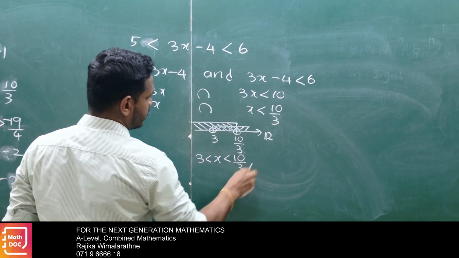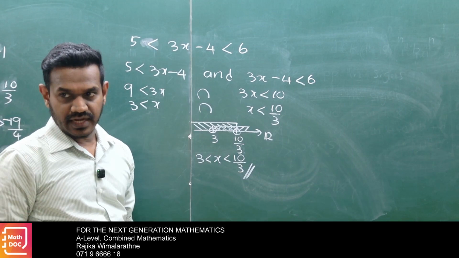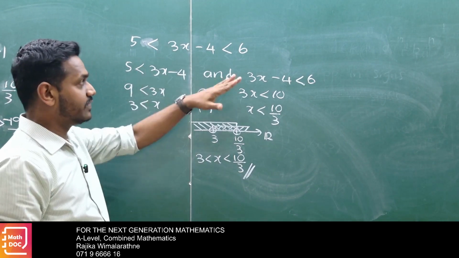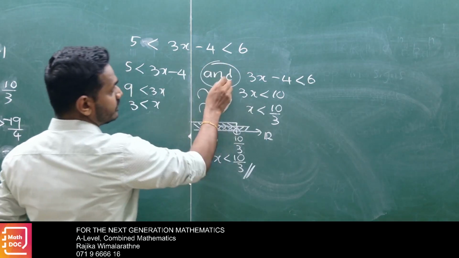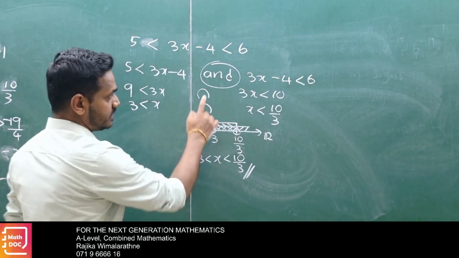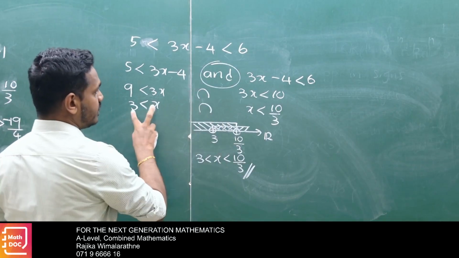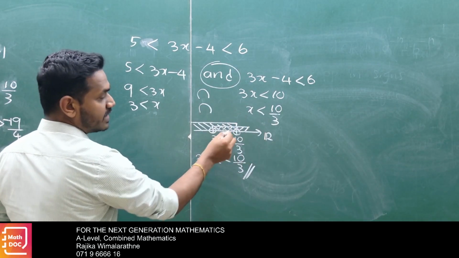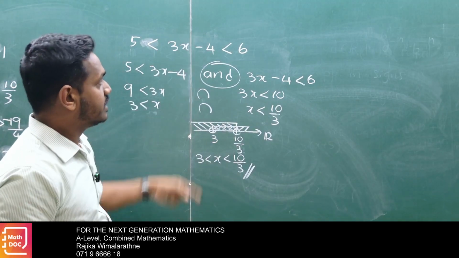Likewise, we can do another technique. You can split the inequality. Double inequality means we have two inequalities. Here with the AND operation, AND means intersection. Then for the final answer, you have to intersect them. Here one, here another one, get the common region. That is our solution. Okay, do that type again.